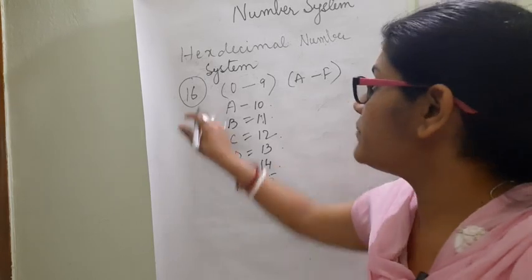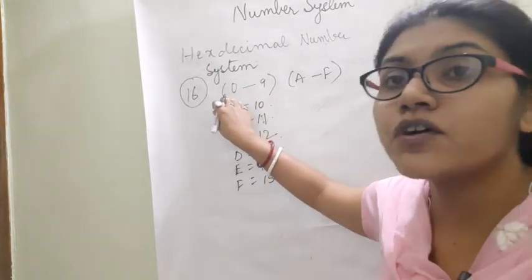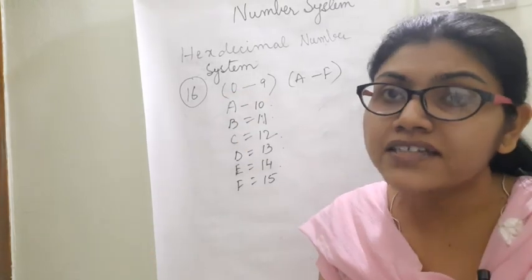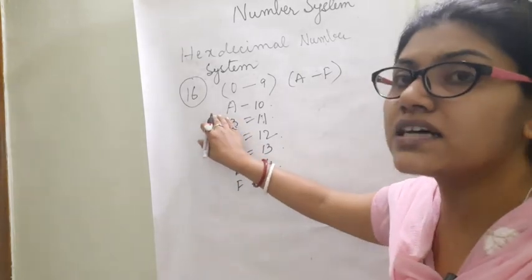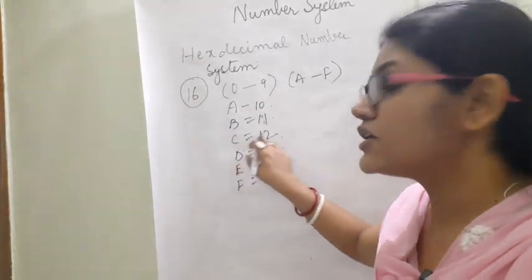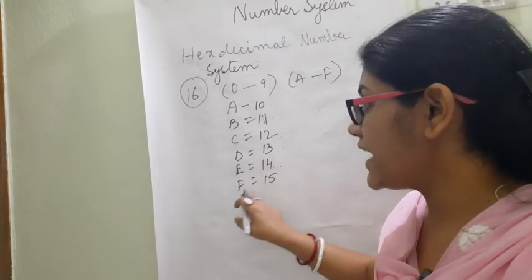So remember, hexa's base is 16, the values start from 0 to 9, and afterwards it takes alphabets: A is 10, B 11, C 12, D 13, E 14 and F 15.